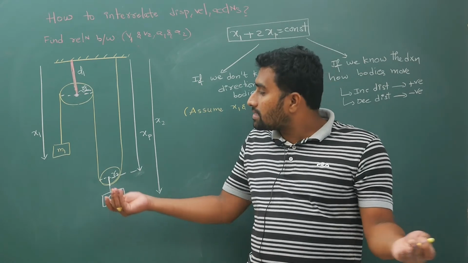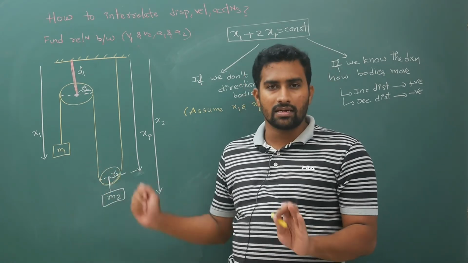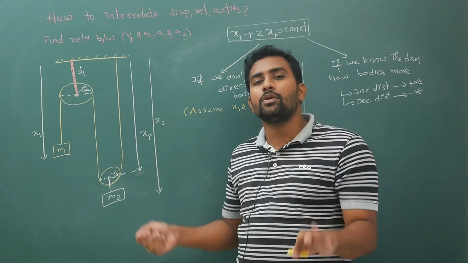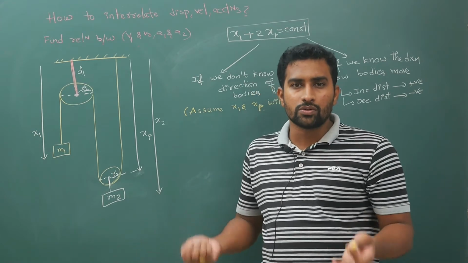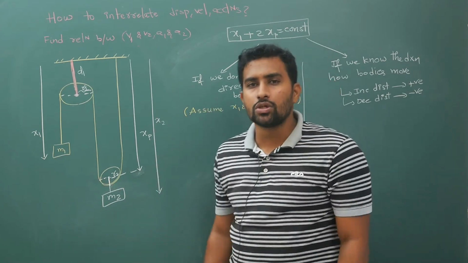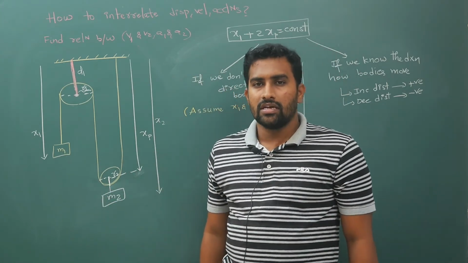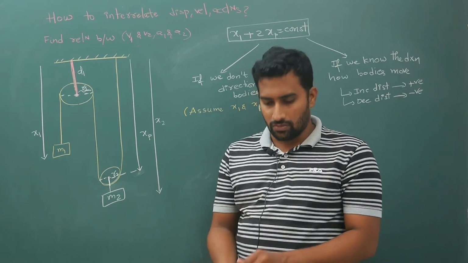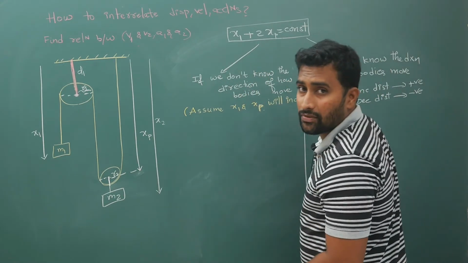In this case you only have two pulleys. We obviously know that one goes down, the other comes up. But in general, when 10 pulleys and 10 blocks are there, you do not know what is coming downwards and what is going upwards. So you just assume a fixed direction. Assume that all are going downwards only, even in the free body diagram. Bodies are accelerating downwards only. Maths will take care of the rest.